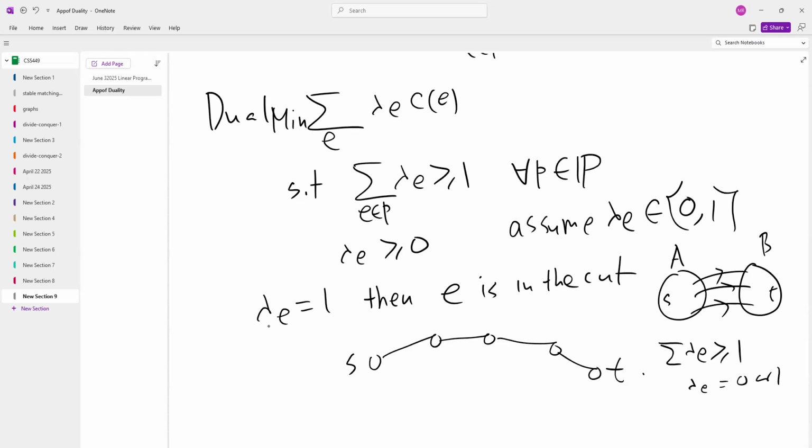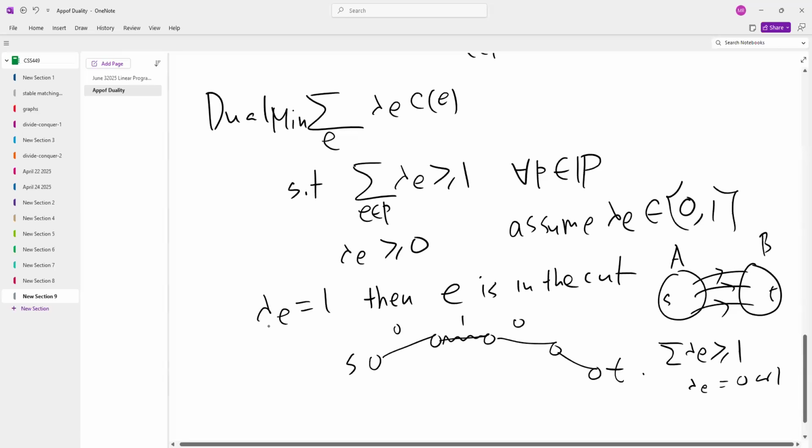What can we infer from these two constraints? That at least one of them has to be 1, and that's the one we choose to be in the cut. Let's say, for example, this one is 1, and these are all 0. And this has to hold for every path in the graph.